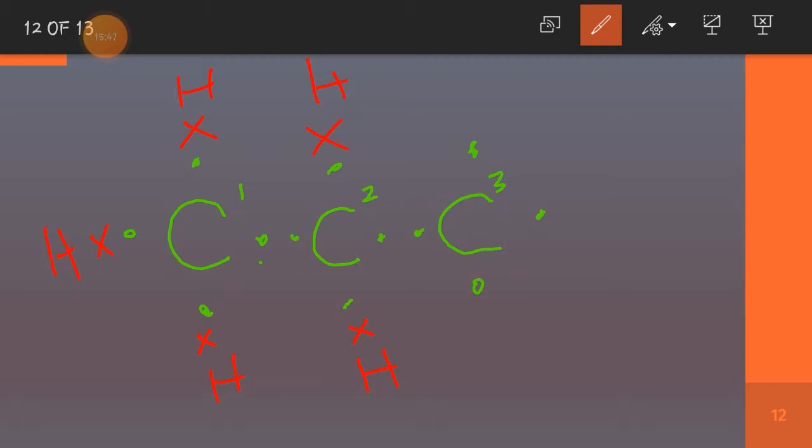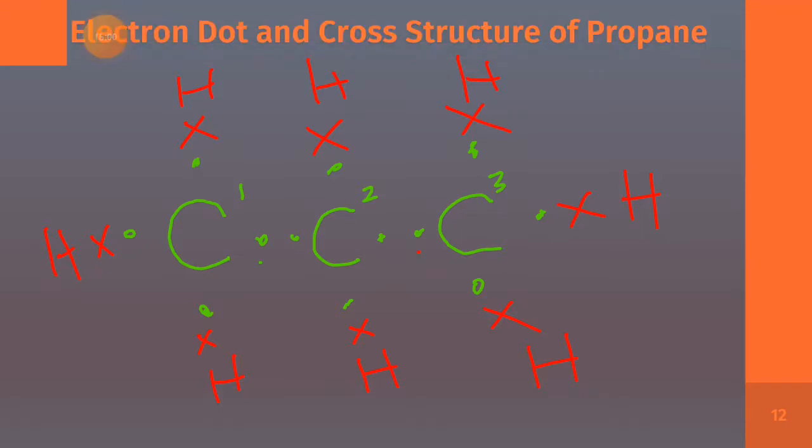For the third carbon atom, only 1 electron is being shared with another carbon atom. 3 electrons are unpaired, so these unpaired electrons will be shared with the hydrogen atoms. So if you look at the valence shell for each of these atoms, you will see that the valence shell for all these atoms has been completed.